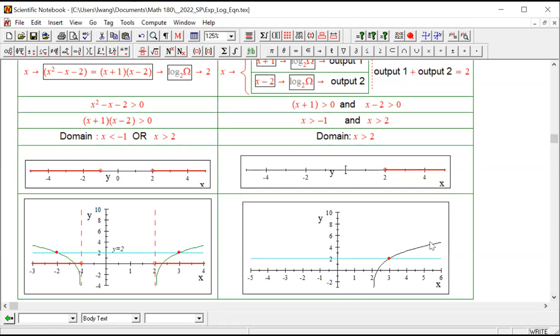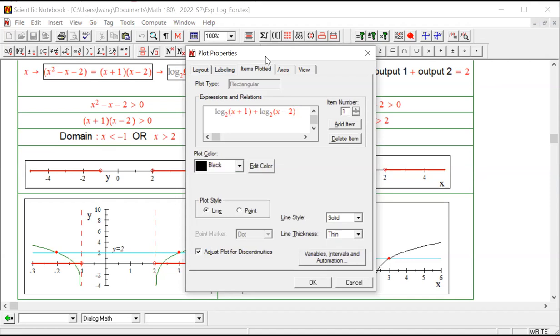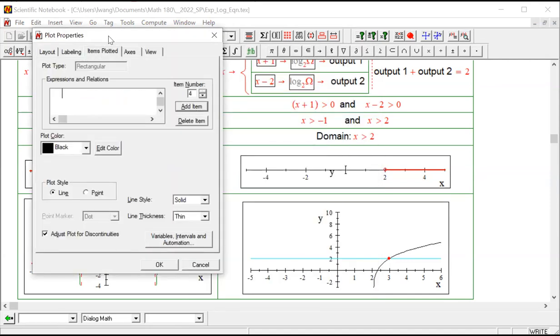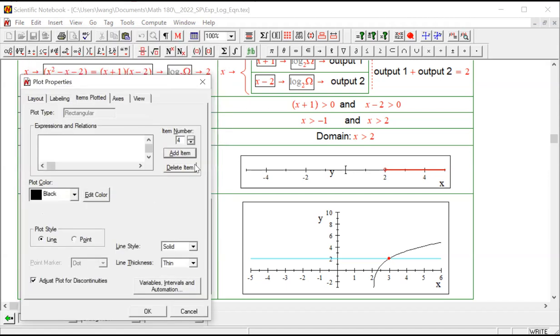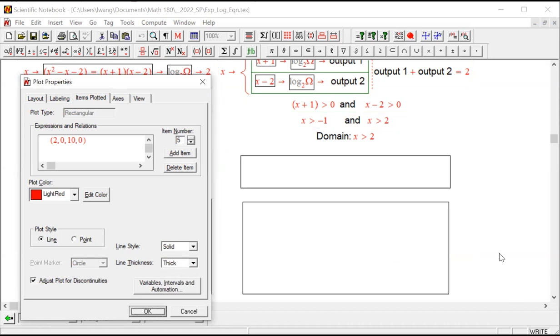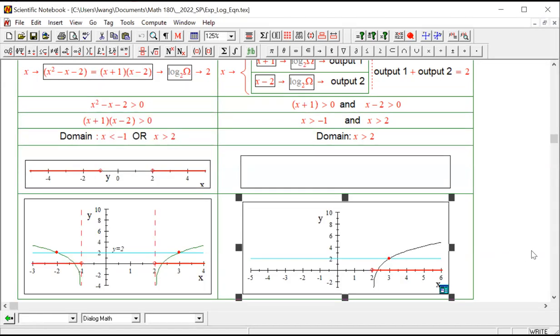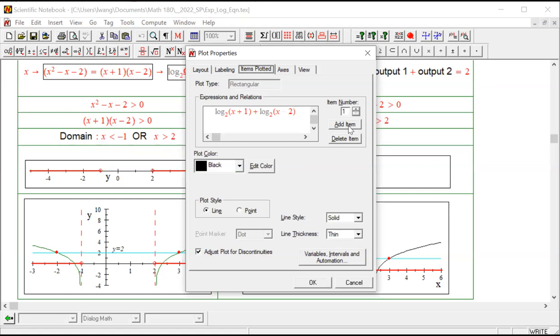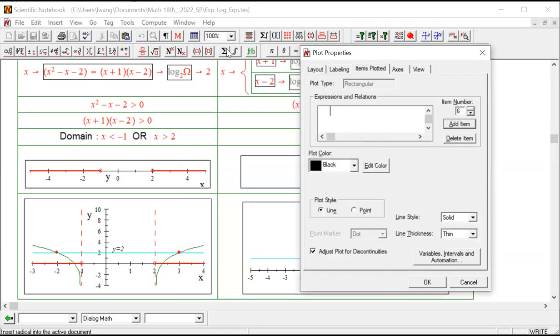Here, I want to make the picture more complete. We're going to have the domain marked at 2, 0, in red, and that's a circle. I'm going to mark the line with the domain. So this comparison, I think, will be complete. And one more thing, the vertical asymptote.